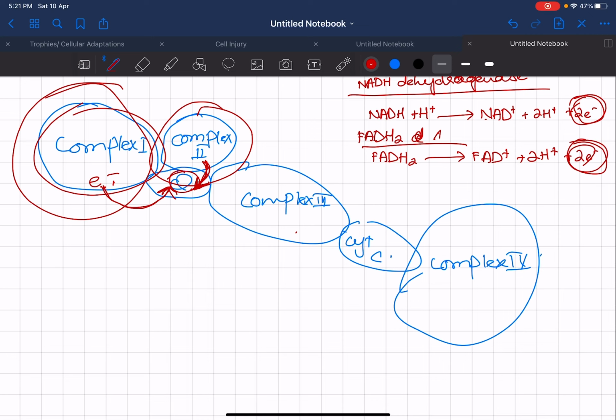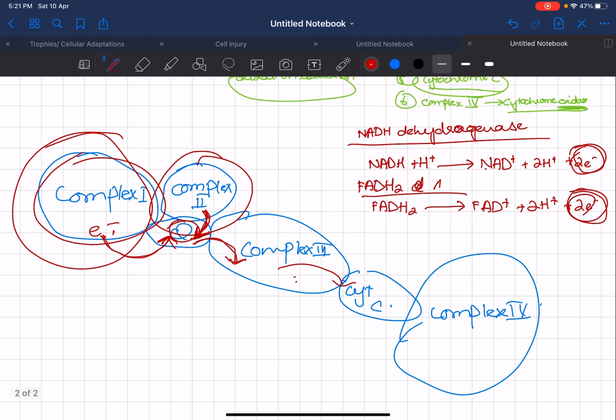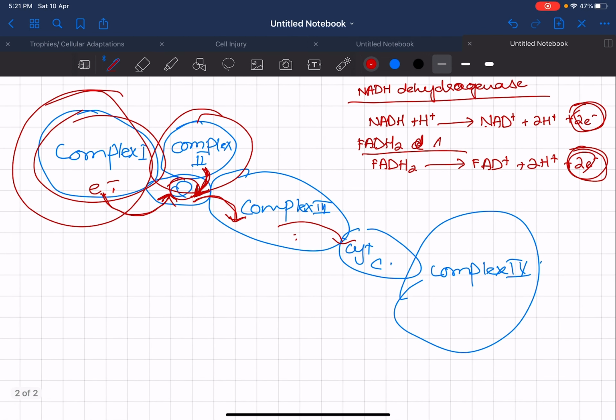It will be handing over the electrons from the coenzyme Q to the cytochrome C, which is another mobile electron carrier. It is going to carry the electrons towards complex number 4, which was what? This was cytochrome oxidase.